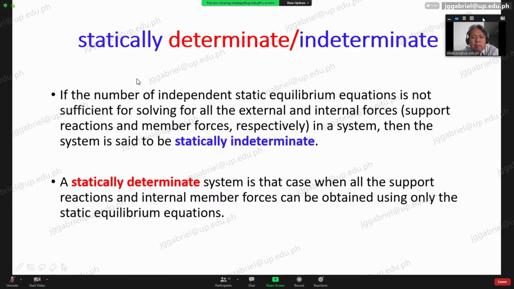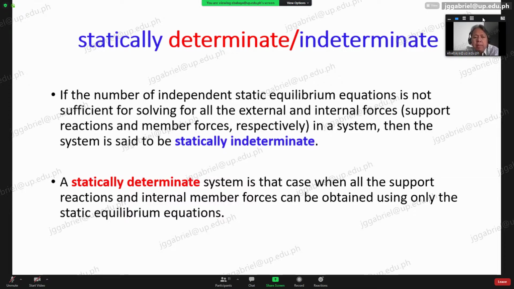It says if the number of independent static equilibrium equations is not sufficient for solving for all the external and internal forces, that would mean the support reactions and the member forces respectively in a system, then the system is said to be statically indeterminate. Okay?